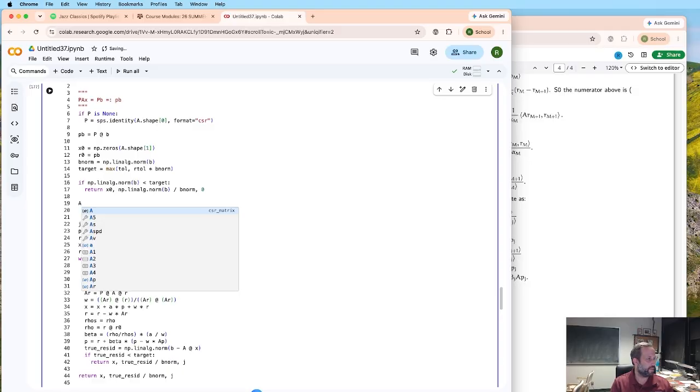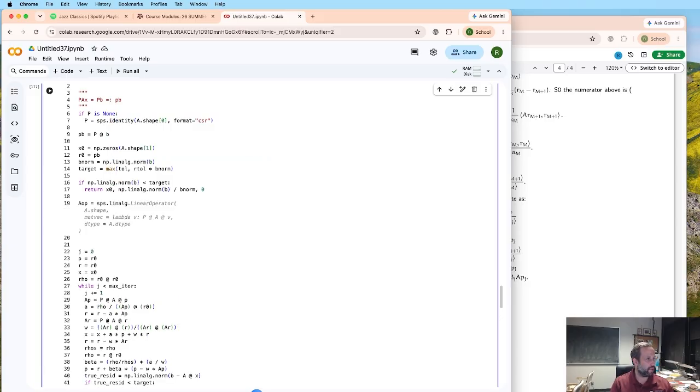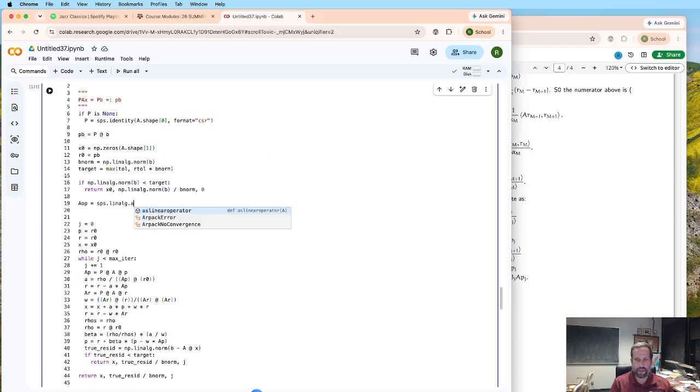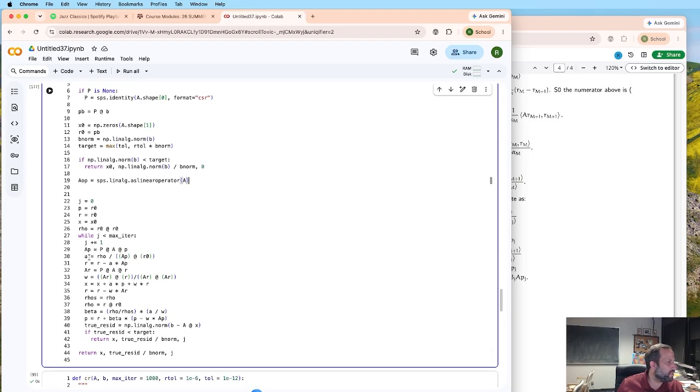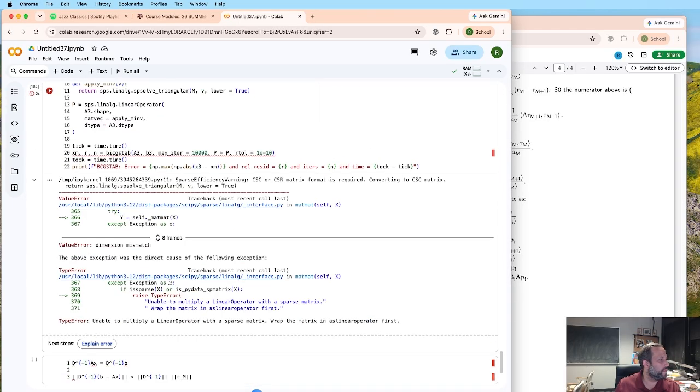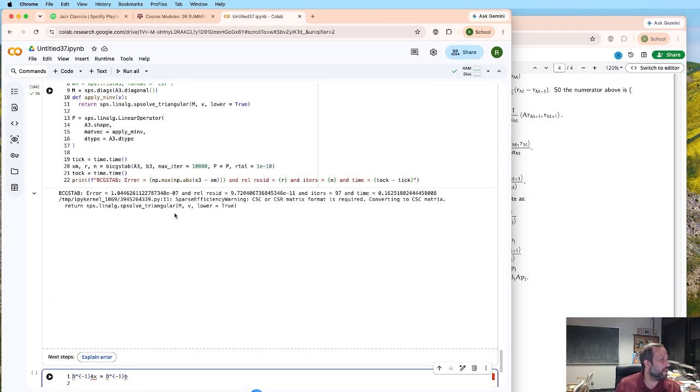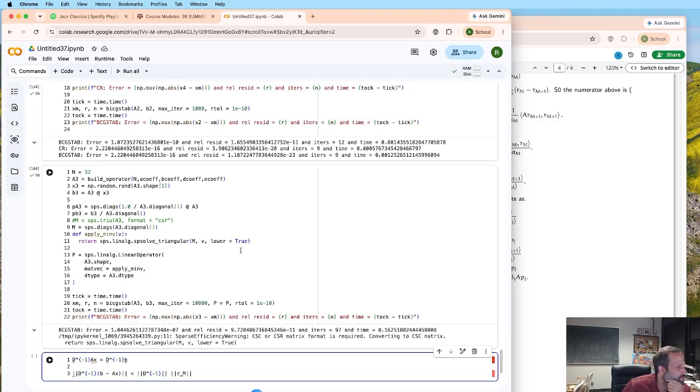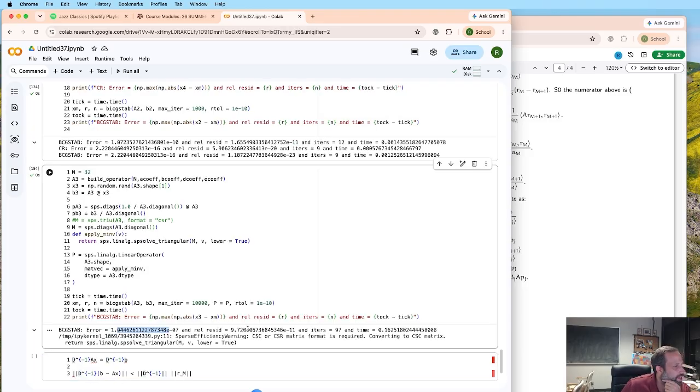So, AOP is going to be equal to SPS dot linalg dot aslinearoperator of A. Okay, so now down here, wherever I see an A, I need to do AOP here, and then AOP here. Okay. So now this should work. All right, and we can see that it does work.